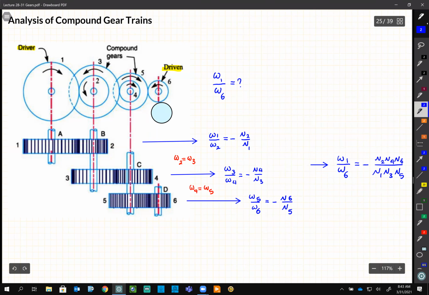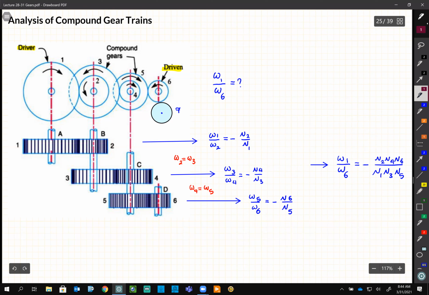See, if you have gear 7 here, then your formula is going to be a little different. First, you need to find omega 6, and then from omega 6, you get to omega 7. So then it's not going to be the odd and even number layout like that. And there is another thing that you need to be careful about. So I leave it to you to find out.